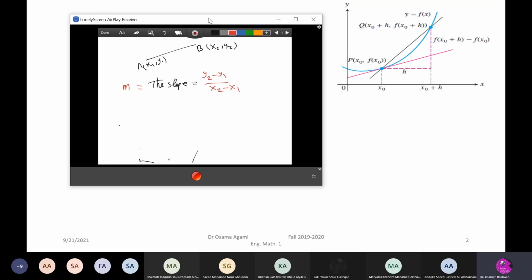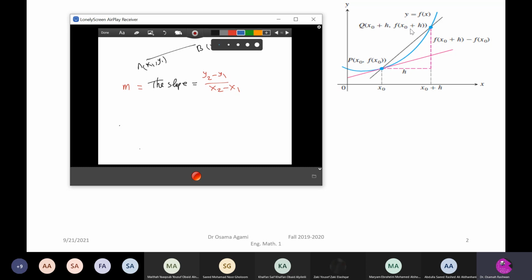Very good. And we call this one M. M comes from the mountain, because when you go to the mountain, you go up or down. So the slope is positive when you go up, the slope is negative when you go down, right? Fine. Let's apply this into the black line. So what is y2?